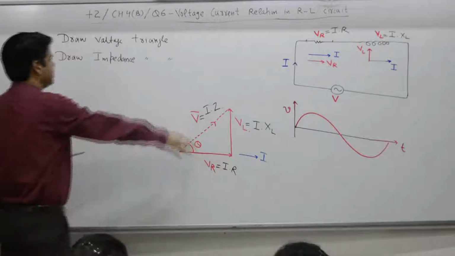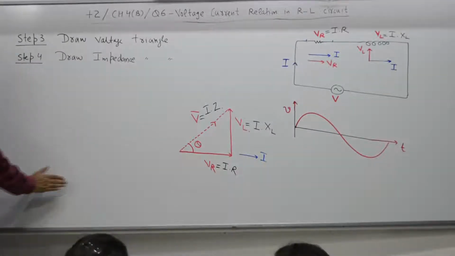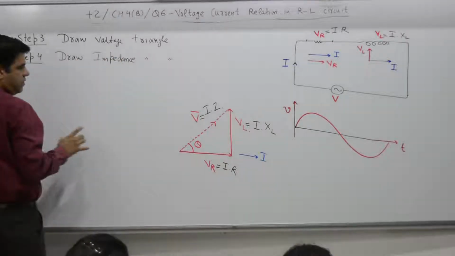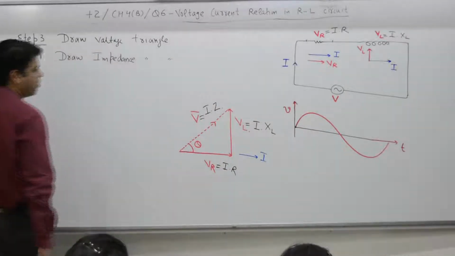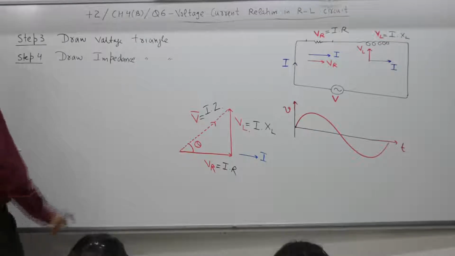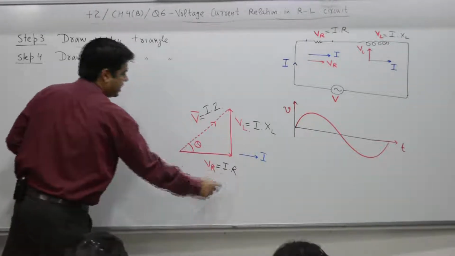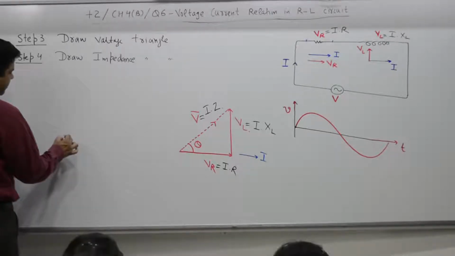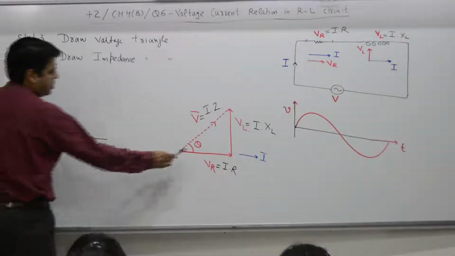Now, from this information, we have to draw an impedance triangle. When I say impedance, that means the units are ohm. From this triangle, I is common. So, can I cancel I in every component and draw?